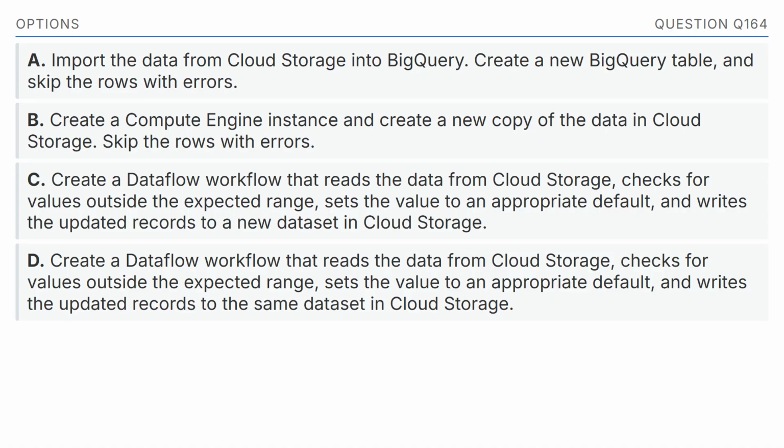Option C, create a Dataflow workflow that reads the data from cloud storage, checks for values outside the expected range, sets the value to an appropriate default, and writes the updated records to a new dataset in cloud storage. Option D, create a Dataflow workflow that reads the data from cloud storage, checks for values outside the expected range, sets the value to an appropriate default, and writes the updated records to the same dataset in cloud storage.